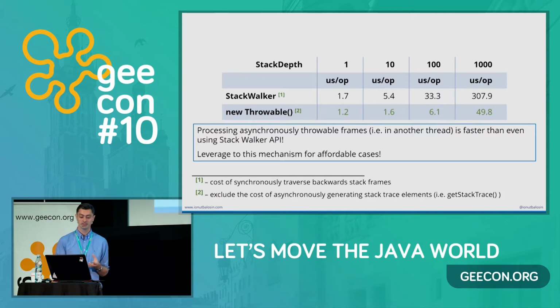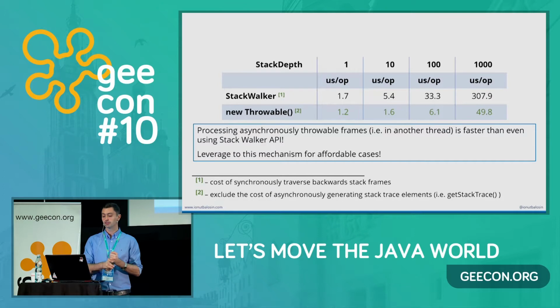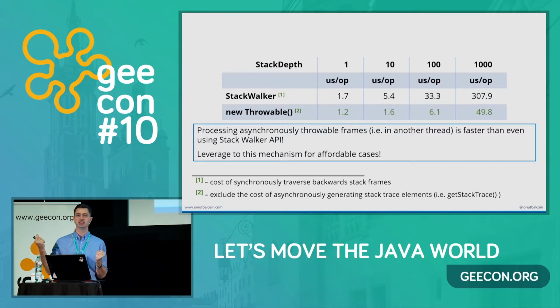And as you can see, the StackWalker API, the first line, was slower in all the cases. However, the new Throwable, because I measured only the new Throwable, so basically the cost of creating a Throwable and dispatching it to another thread.